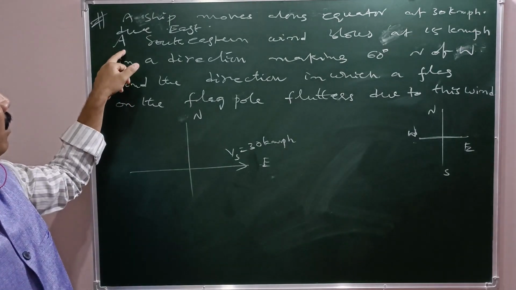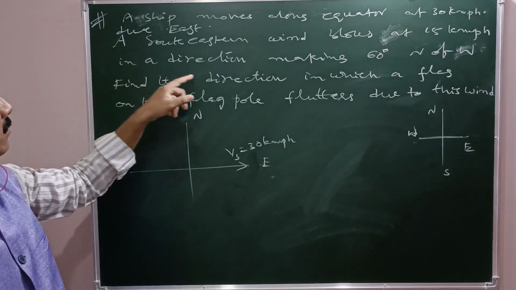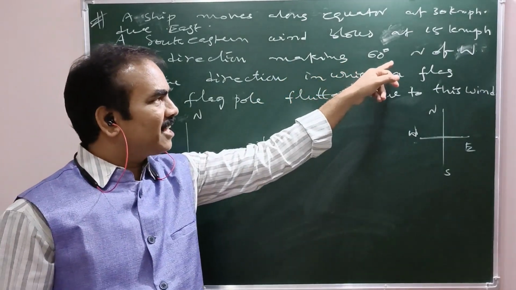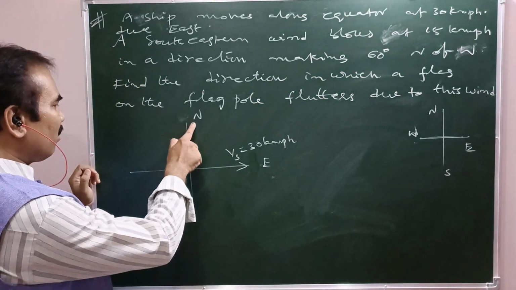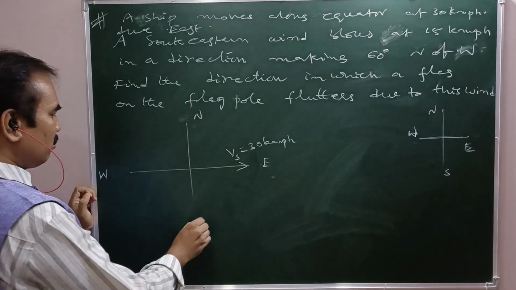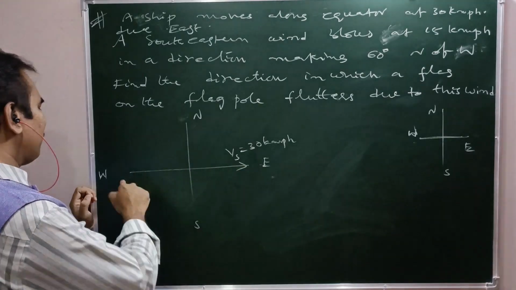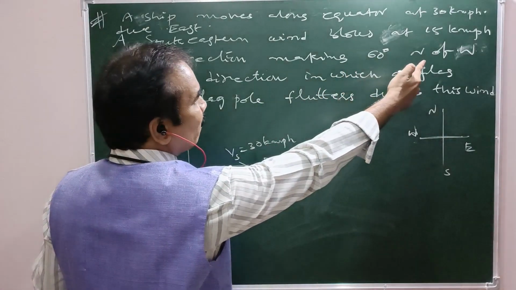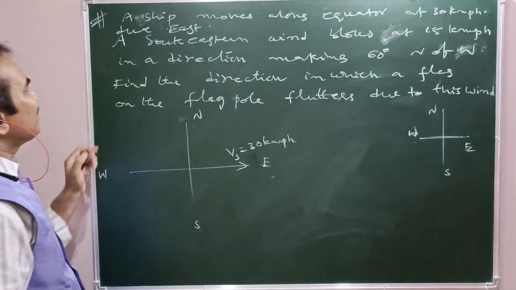Now, a wind blows in a direction which is making 60 degrees north of west. See, north, this is west, right? West. North, south, east, west. Now, the wind blows at 60 degrees north of west. What is the direction here?